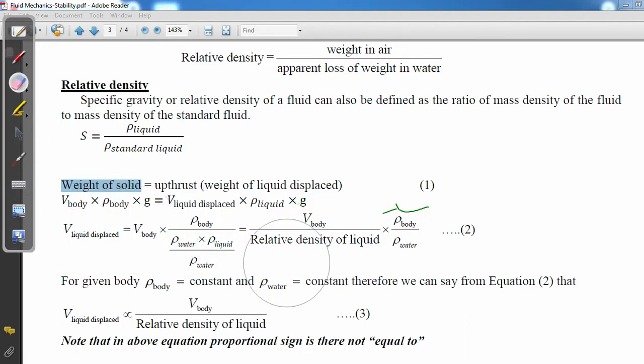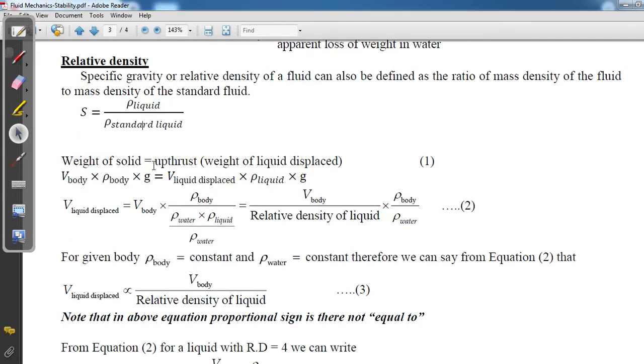But if we want to see what proportion of the volume is above and downward, then we assume, because when you fix the body, rho of body is constant. Suppose steel is there, so rho of body is constant, and water density is constant, it is not varying, so we can take this as constant.